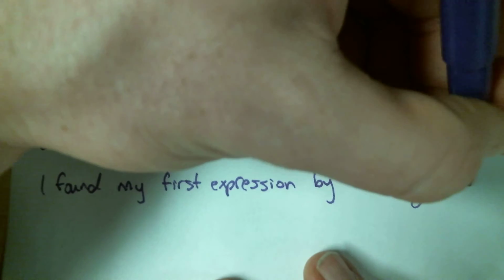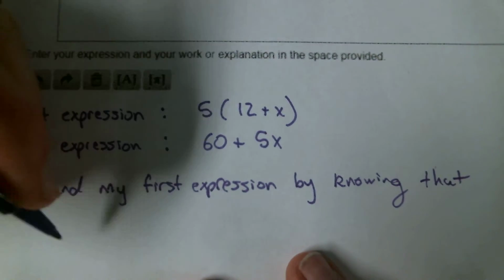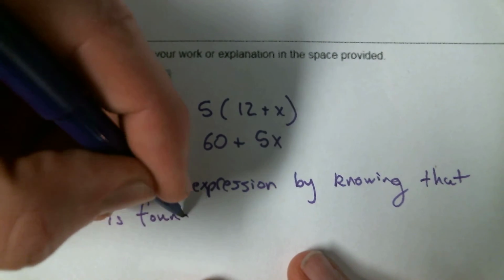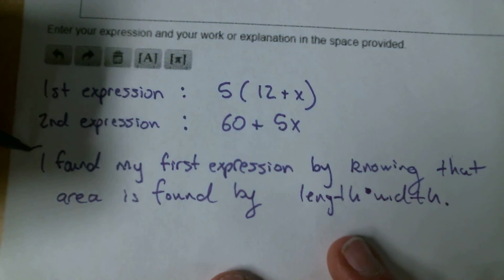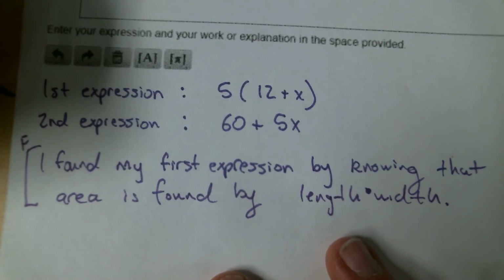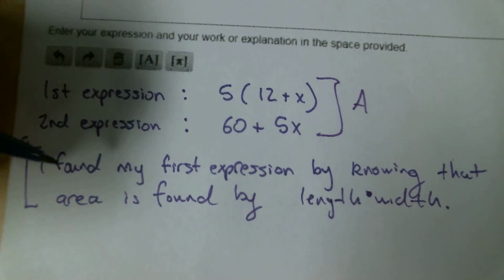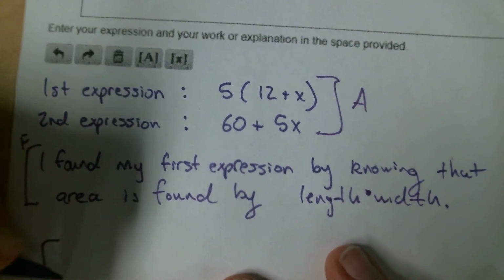By knowing that area is found by length times width. If you know that, you can write that down, absolutely. So there's a fact stated about our work. This is kind of our assertion. Here's a fact. Here's another fact.